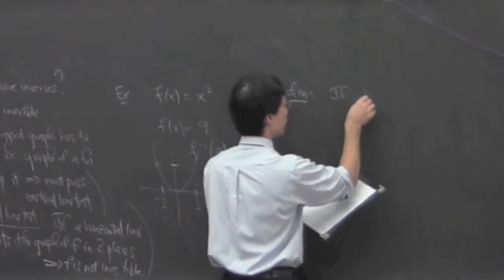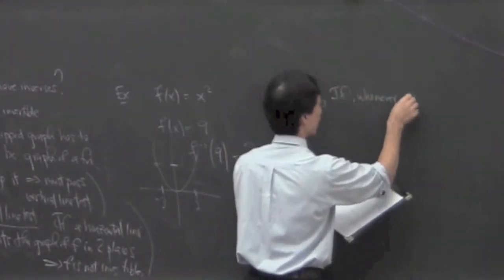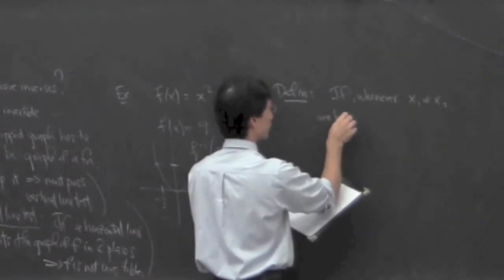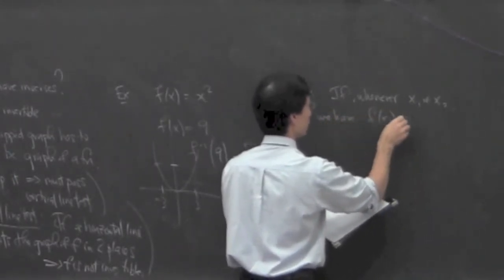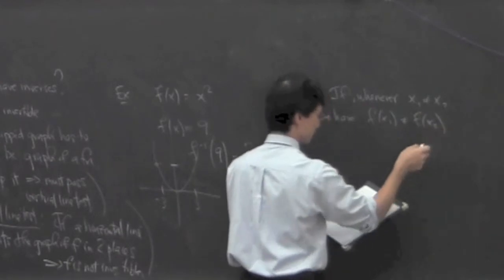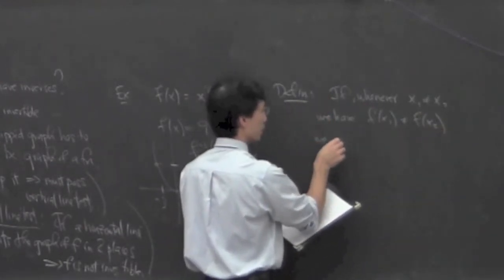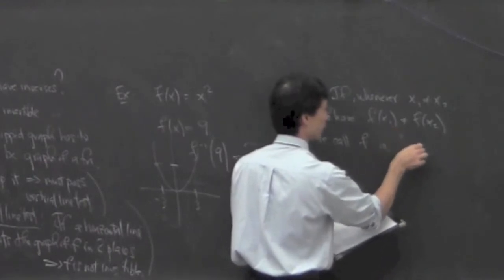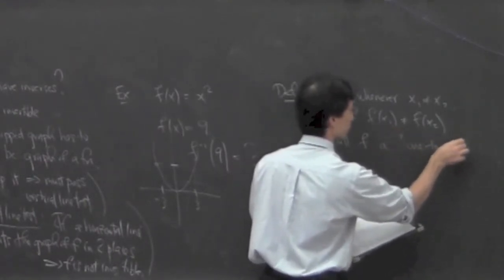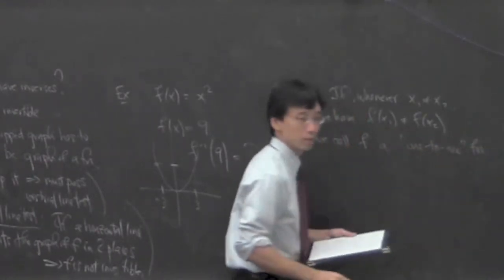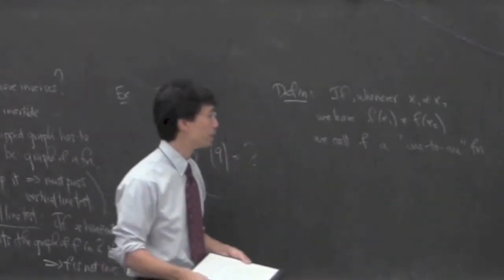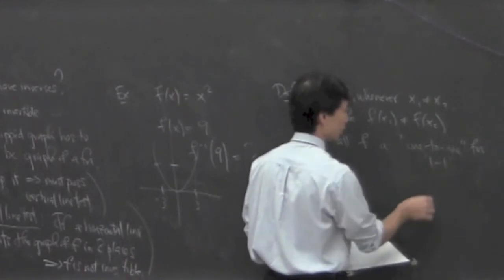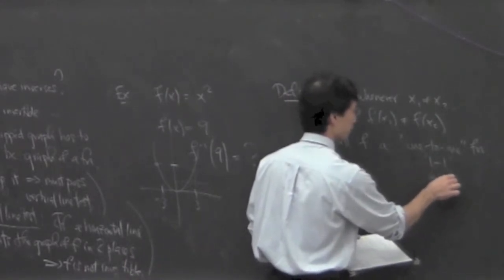Whenever x1 is not equal to x2, we have f of x1 not equal to f of x2, we call f a one-to-one function. It's usually written 1-1, or it's also called injective.